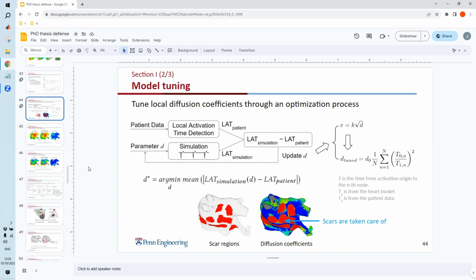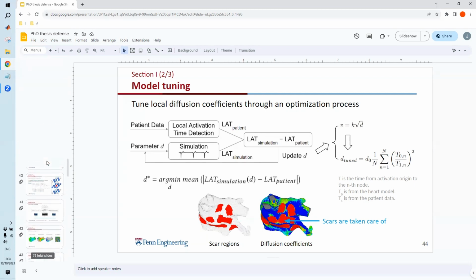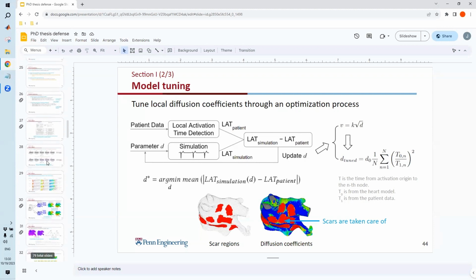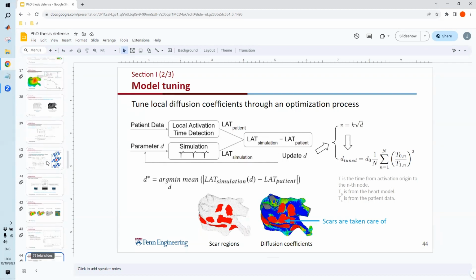And my last question is, there was a point in time where you said you were looking for the minimum of some map in order to determine the location of where to ablate. I just didn't understand what is the map that you use and how does it relate to your model?